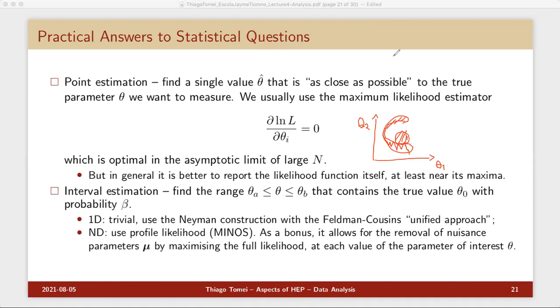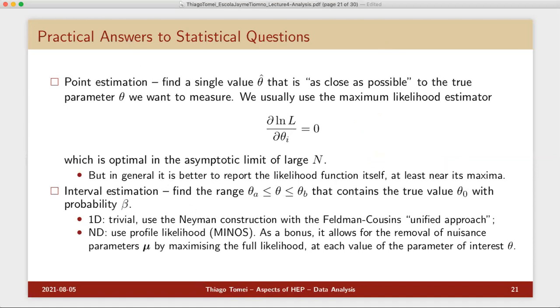So the answer to this is that you use something called profile likelihood, where you maximize the full likelihood at each value of the parameter of interest. What does this mean? This means that you take your likelihood and you take only the parameters that you care about.